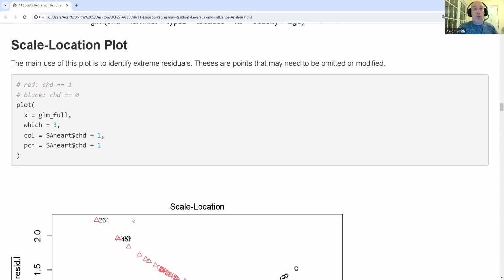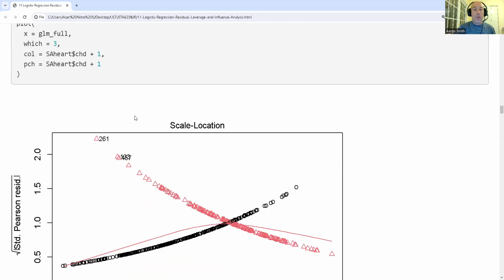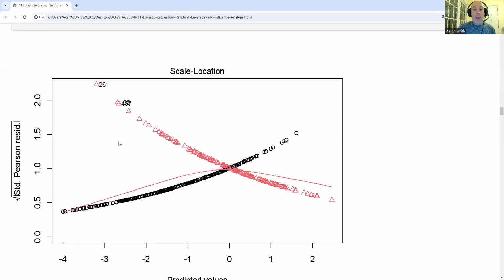All right, next one is the scale location plot. And so once again, for us, we're looking for extreme residuals. And so we see 261, 113, 475, and this is the square root of the absolute value of Pearson's residual. So Pearson's residual, take the observed value minus the expected value, or the modeled expected value, and then divide by the standard error.